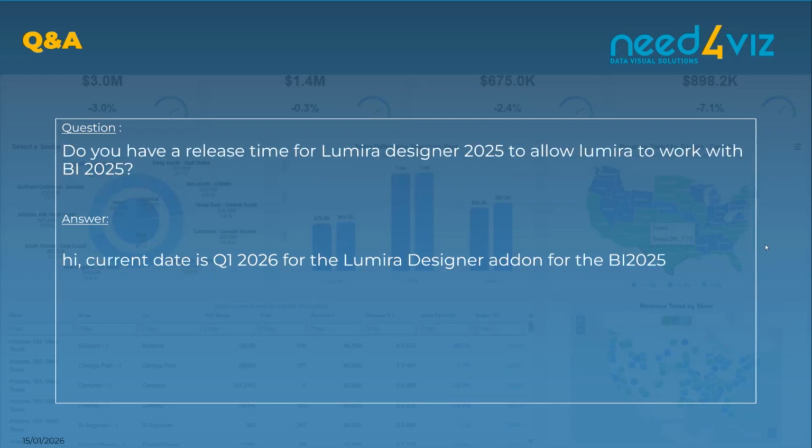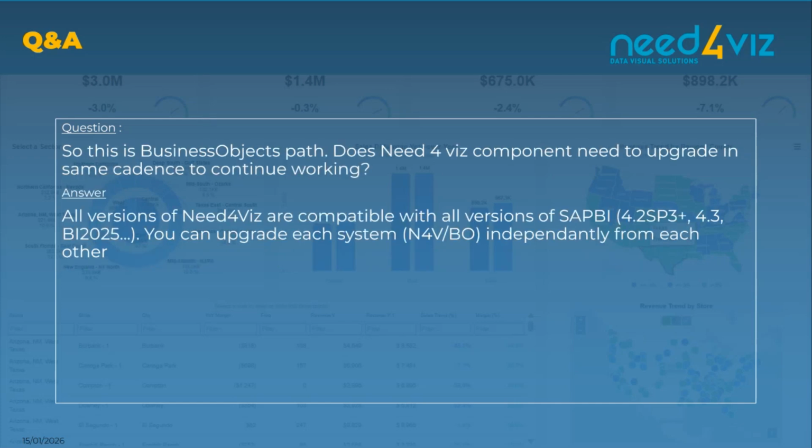Do you have a release time for the Mira Designer 2025 to allow Mira to work with BI 2025? It looks like the current date is Q1 2026, as per our SAP friends. So this is a Business Objects path. Does the Need for Viz component need to upgrade at the same cadence to continue working?